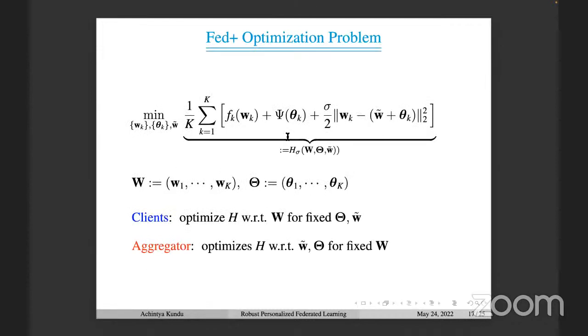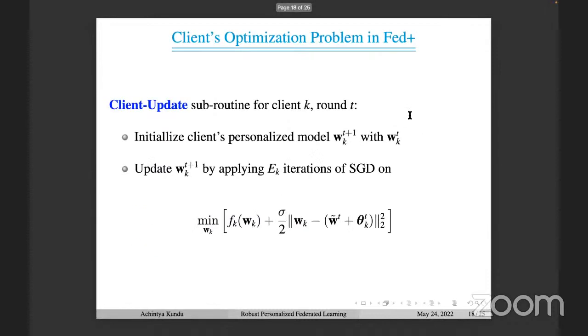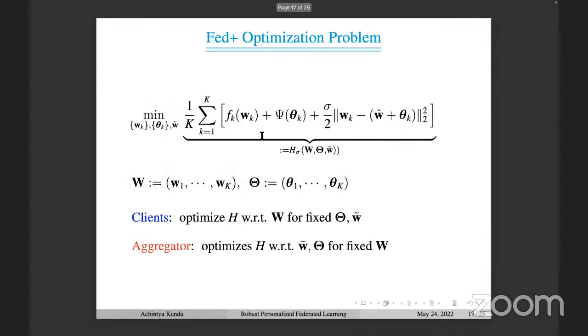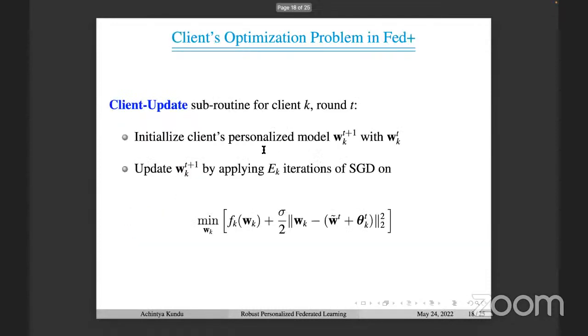So in terms of optimization, how do you solve this optimization problem? As I said, it's purely alternating minimization. Once the server sends its parameters like W tilde and theta k, then the client can start optimizing. What is the optimization problem that the client needs to solve? If you fix theta k and W tilde, then the remaining part becomes just this. So here you see how the personalization is happening.